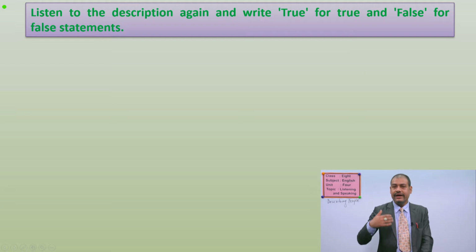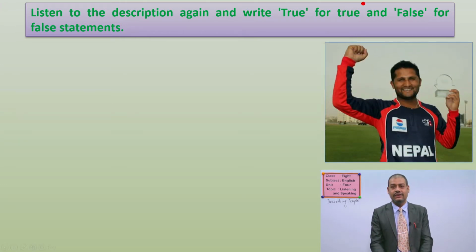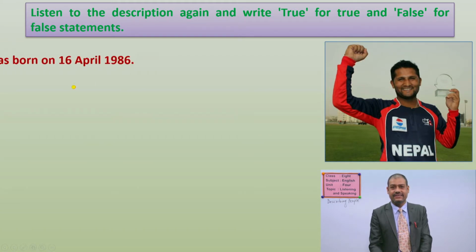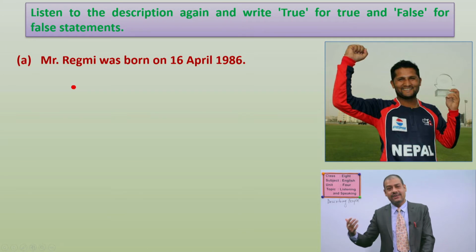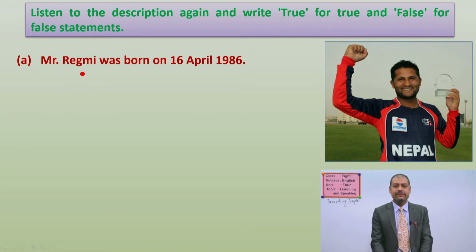So first, you have to be familiar with the questions. In question number 2, I think you might have guessed who the cricketer is. Later on, you will listen to it in our audio. So see, the true or false statement for you is, Mr. Regmi was born on 16 April 1986. You have to find out whether it's true or false.